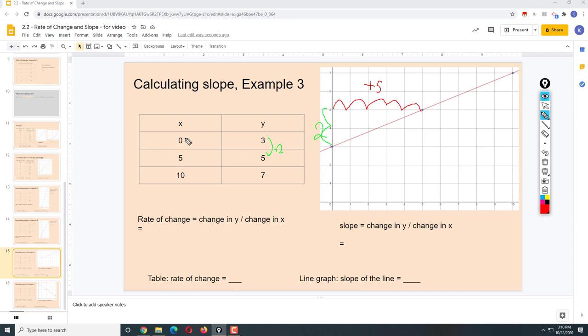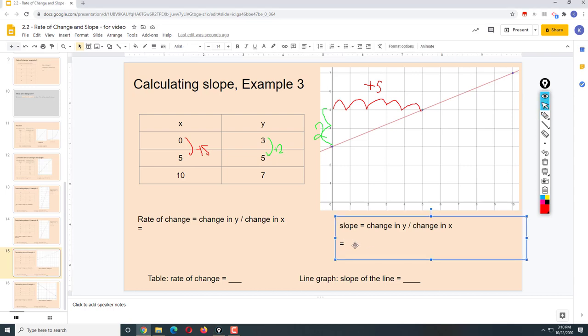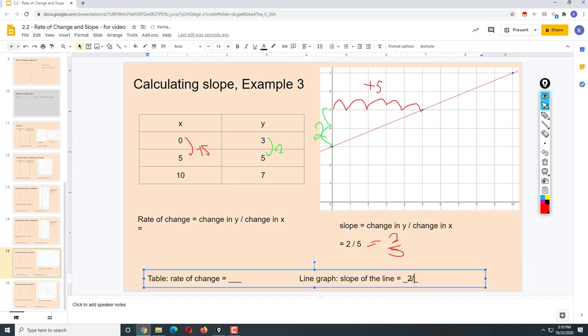And in our table, x is going from 0 to 5, which is also plus 5. So the change in y is 2. The change in x is 5. So the slope of the line is 2 over 5. You can just write it as a fraction. 2 over 5. The rate of change of the table works the same way. It's also 2 over 5.